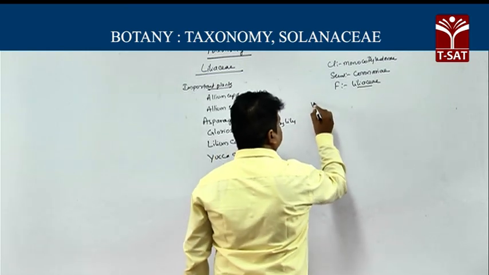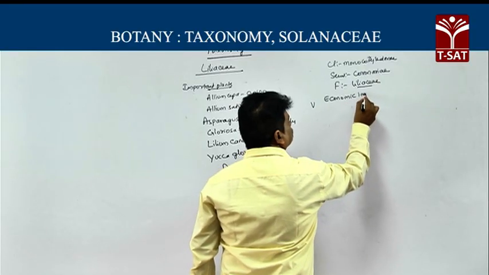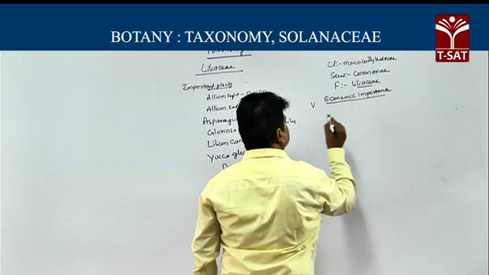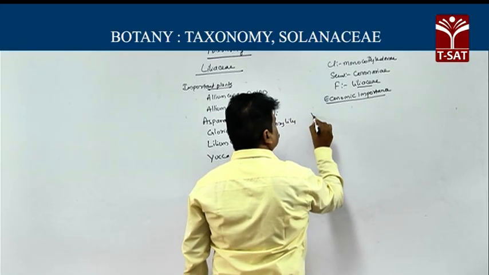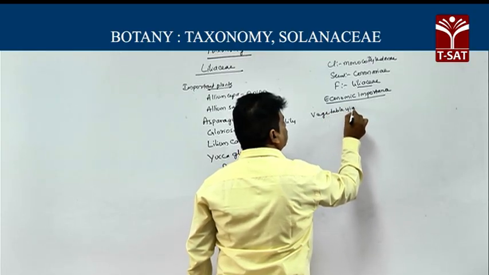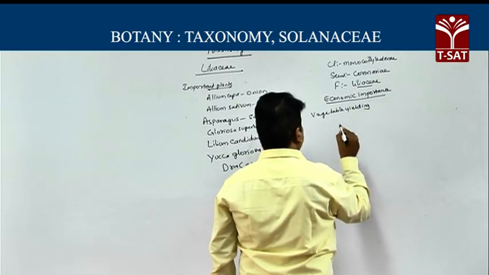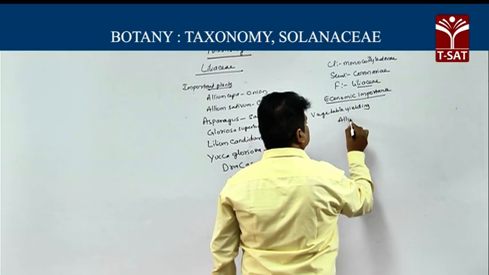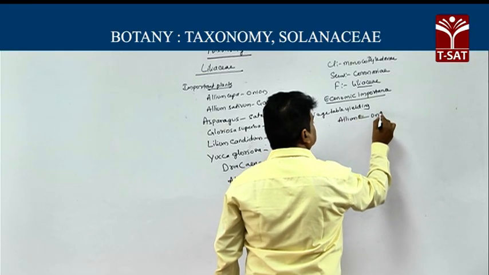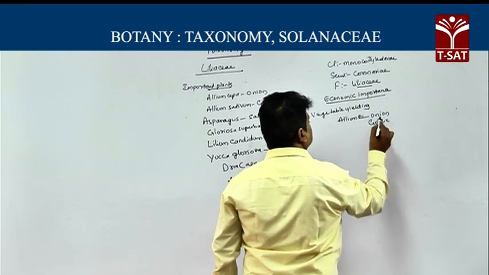So first one, economic importance. First one, vegetable yielding plants: Allium means onion and garlic.